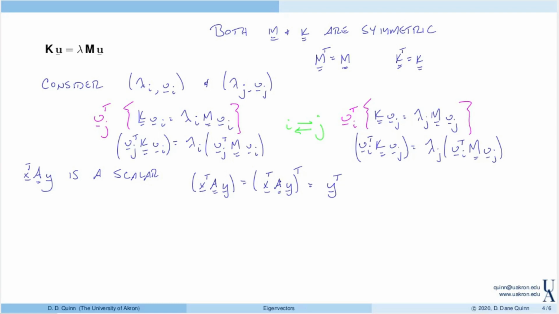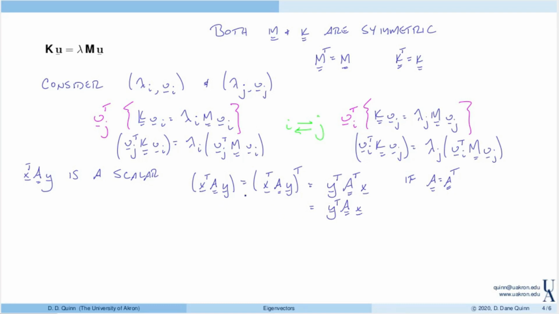Basically, I flip the order and take the transpose of everything. So X transpose A Y, the whole thing transposed, becomes Y transpose A transpose times X. So if A equals A transpose, then this is equal to A. So this quantity is Y transpose times A times X.